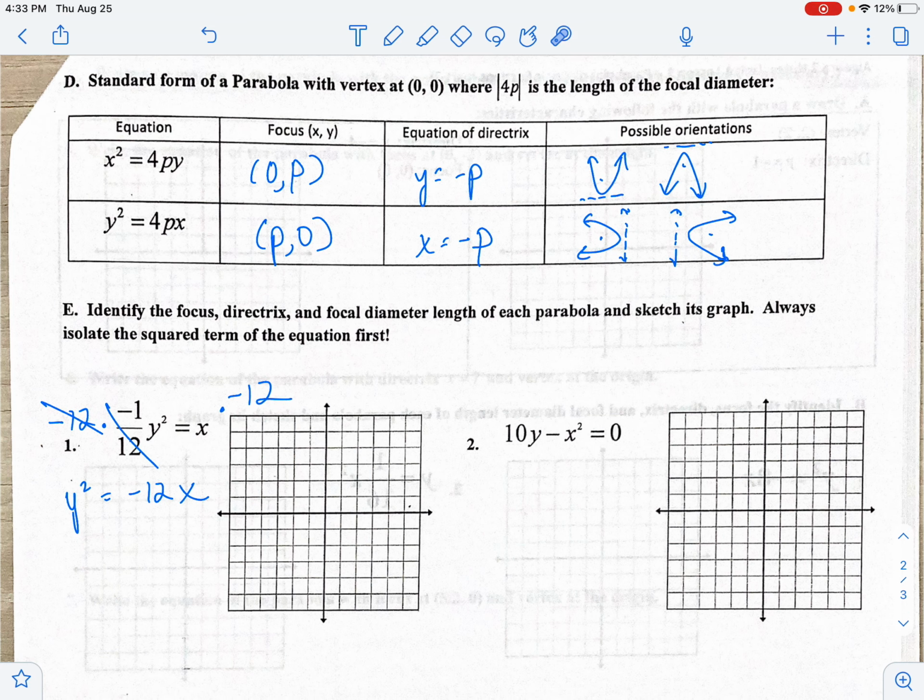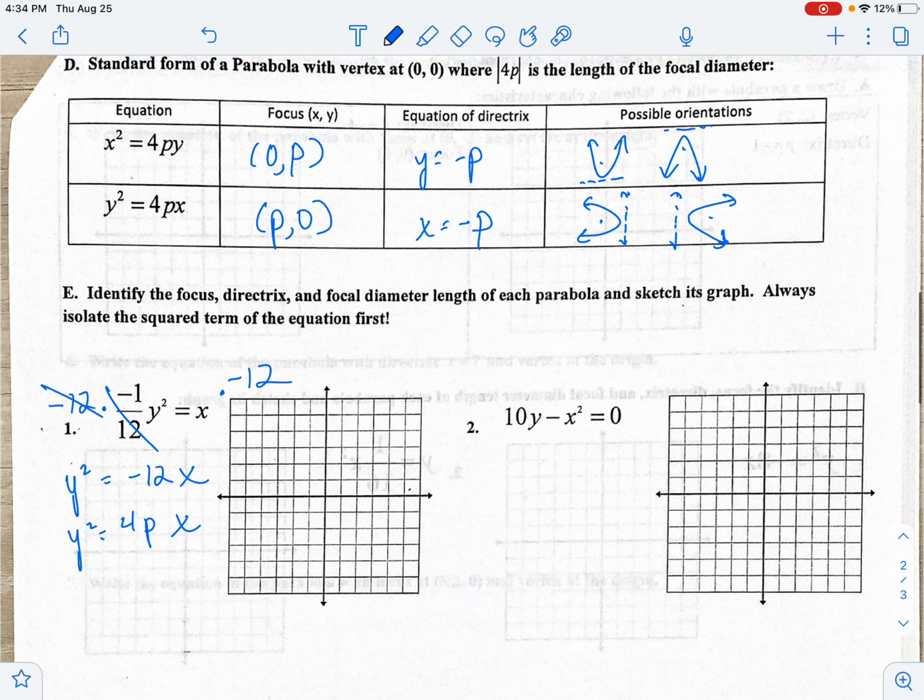So that looks a lot more like what we have in our general formula. If I line it up, y squared equals 4px, you can kind of see what 4p should be equal to, right? If I highlighted this 4p, that looks like it's in the same spot as negative 12.